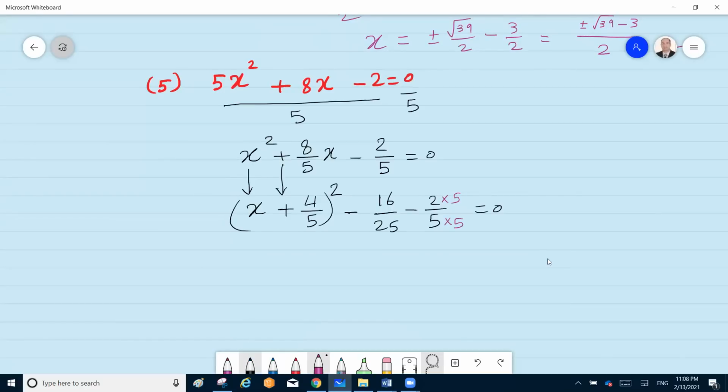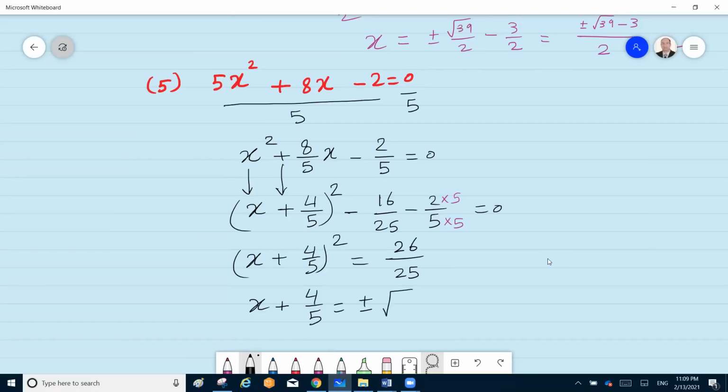So you have now x plus 4 over 5 all squared is equal to, if you bring these two negative numbers to the other side, you have 25 as denominator, and this is 10, 2 times 5, and 16 will be 26. Consequently, x plus 4 over 5 is positive or negative square root of 26 over 25, which is positive or negative root 26 over 5.